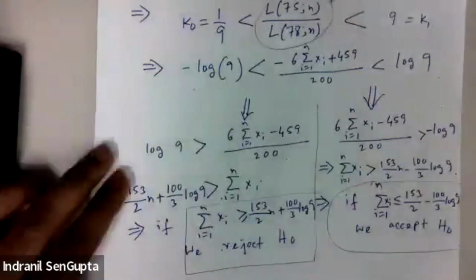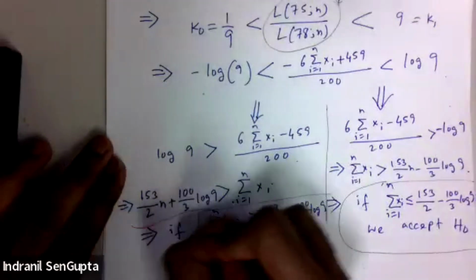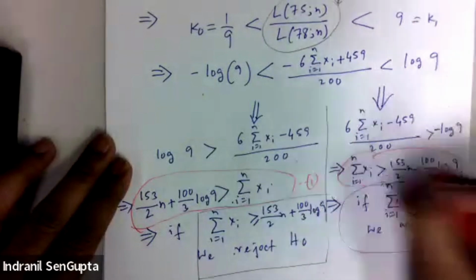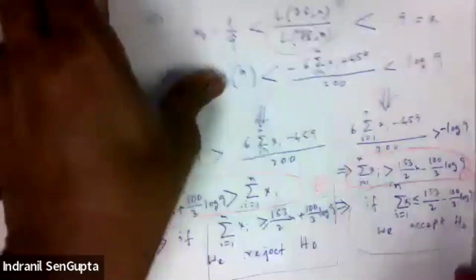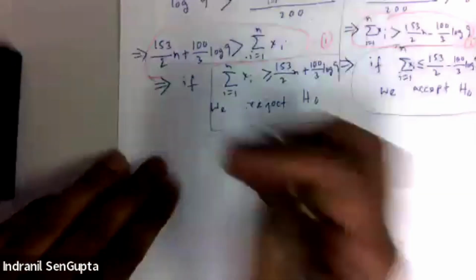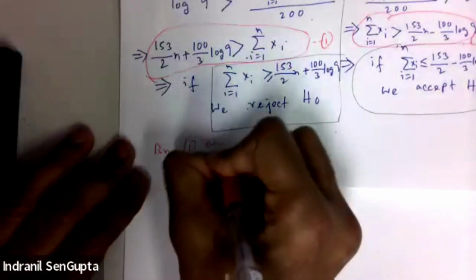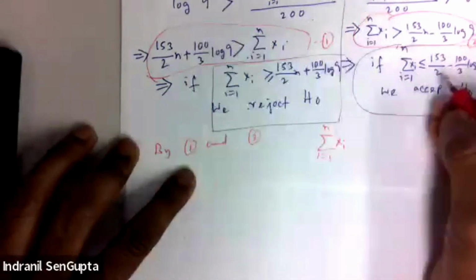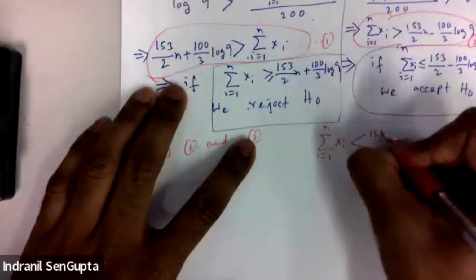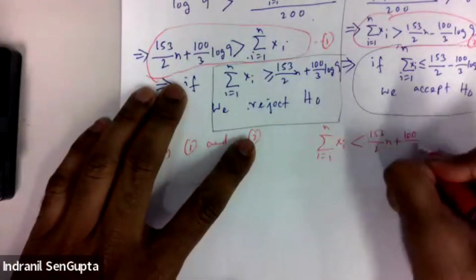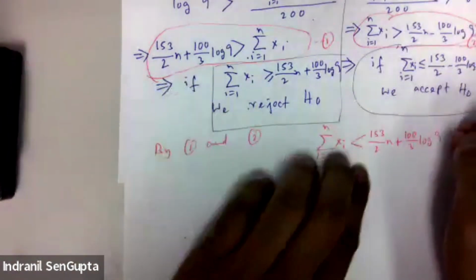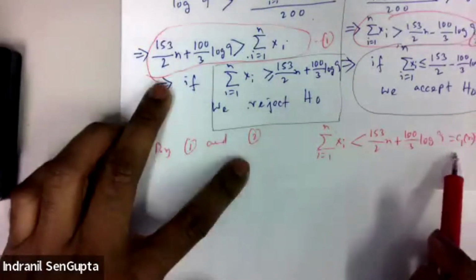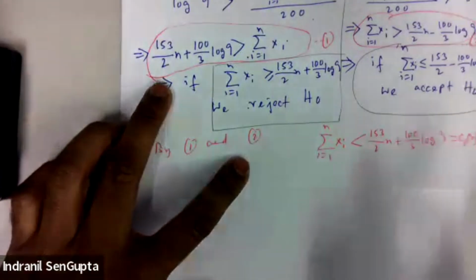So based on these two, let's call this 1 and this one 2. By 1 and 2, the summation of xi, i from 1 to n, is less than or equal to 153 over 2n plus 100 over 3 log of 9, that we are calling C1 of n. And remember, this C1 of n really appears here.